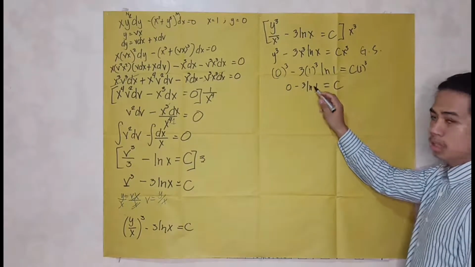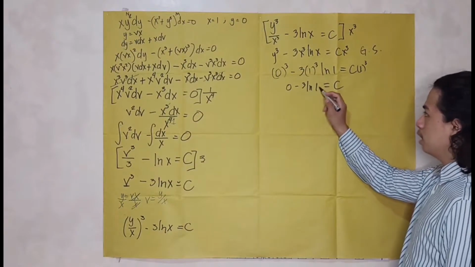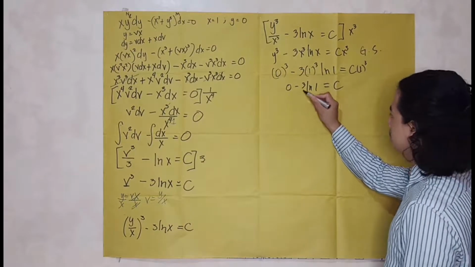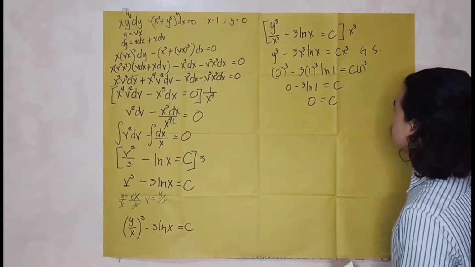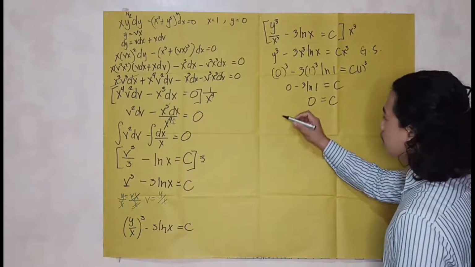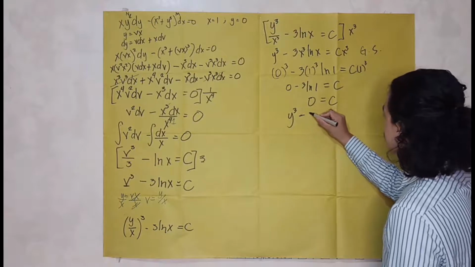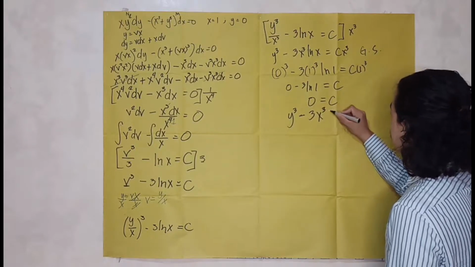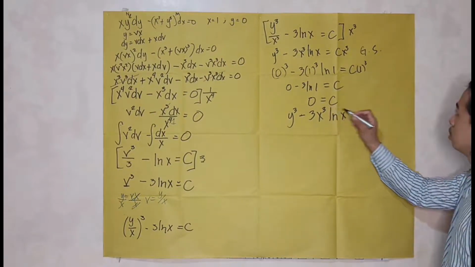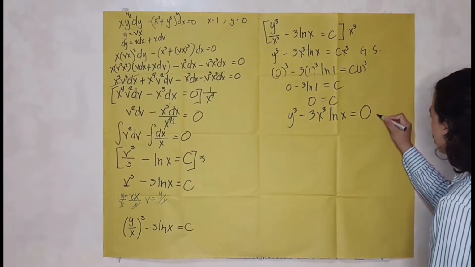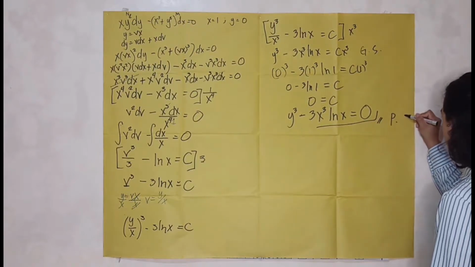So yung ln 1 is 0, 0 minus 3 times 0, we have 0 minus 0, 0 is equals to c. So therefore, our particular solution is y cube minus 3x cube ln of x is equals to 0. So therefore, this is our particular solution.